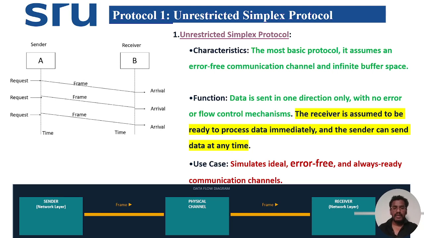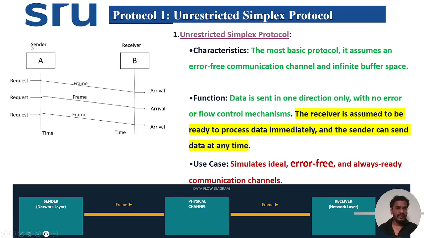So the use cases are a simulated ideal and error-free environment, and always-ready communication channels. Wherever the communication channel is always ready, we will use these protocols, in error-free and simulated ideal environments as well.